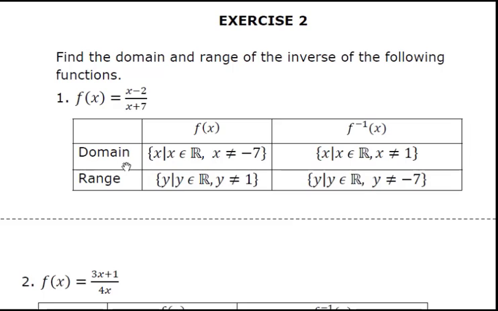So let me read. The domain of the function f of x is the set of all x's such that x is a real number except negative 7. For the range, we have the set of all y's such that y is any real number and y should not equal 1.